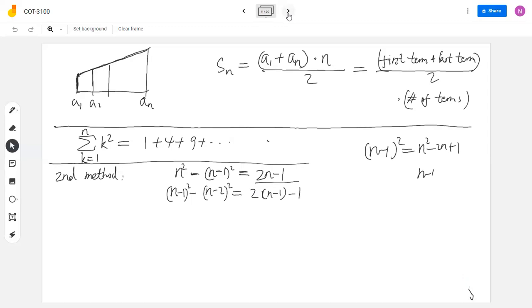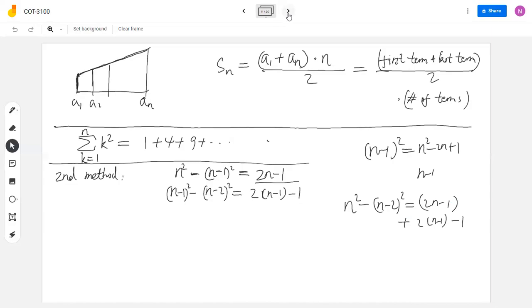Okay. So why are we writing this? Because if you look at these two equations, if we sum them together, we are going to have n squared minus n minus 2 squared equals 2n minus 1 plus 2 times n minus 1 minus 1. So we get rid of n minus 1 squared in the middle.